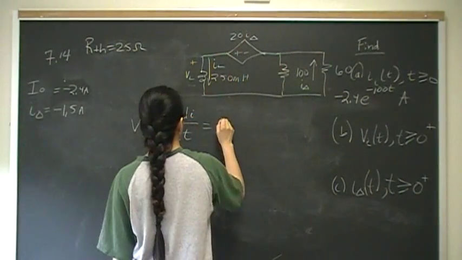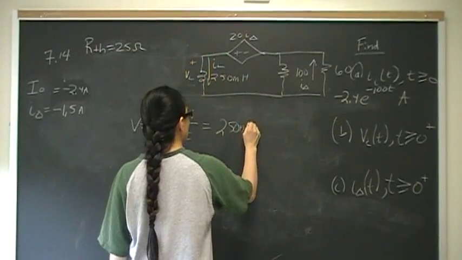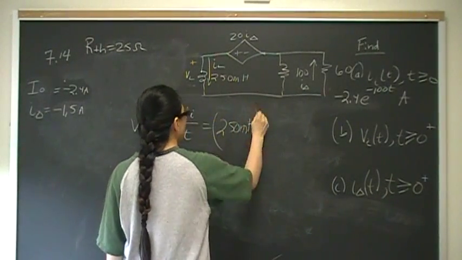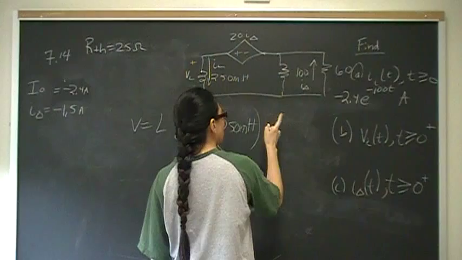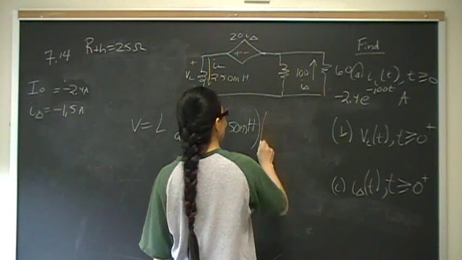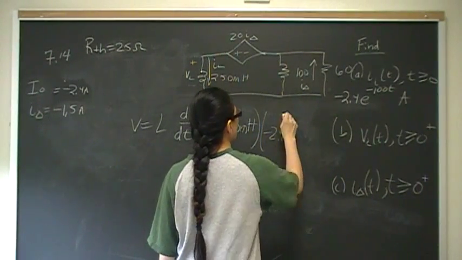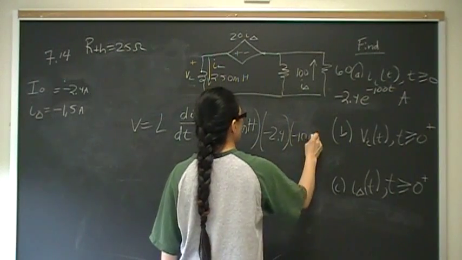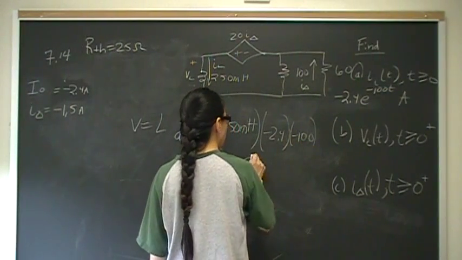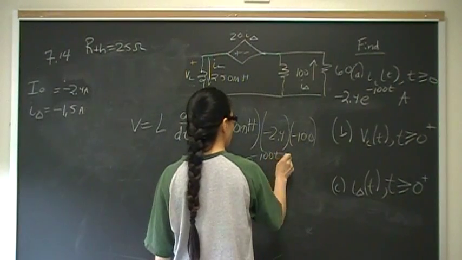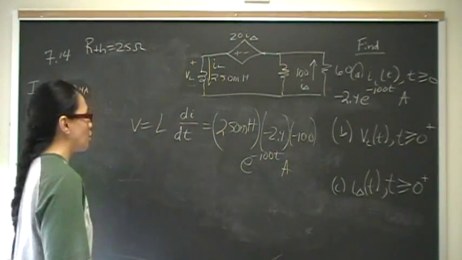So that's 250 millihenries times di dt, which is negative 2.4 times negative 100 e to the negative 100 t, in volts.